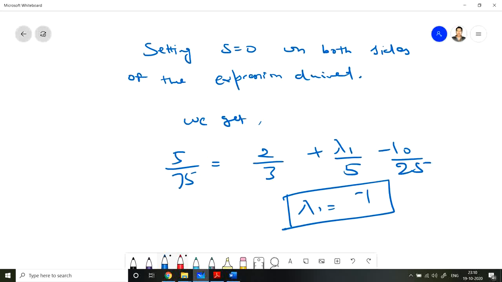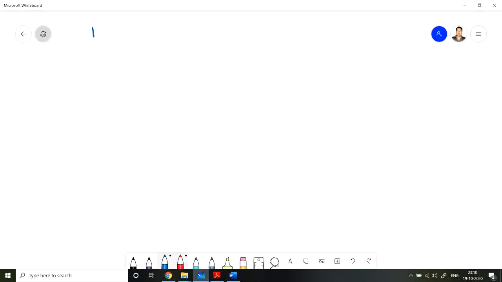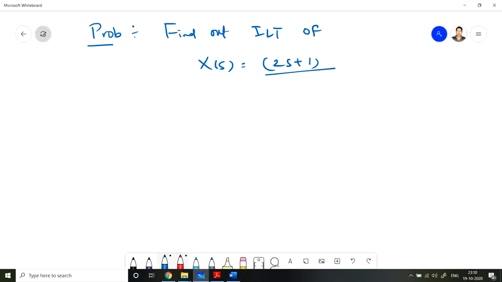So let us do another problem. Find out the inverse Laplace transform of X(s) equals 2s plus 1 divided by s plus 2, and the ROC is real part of s greater than minus 2.